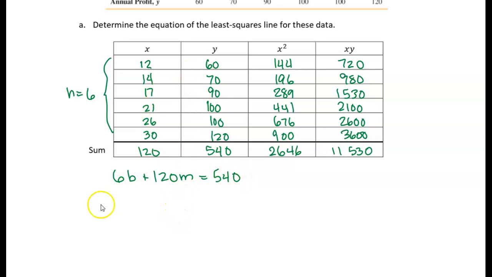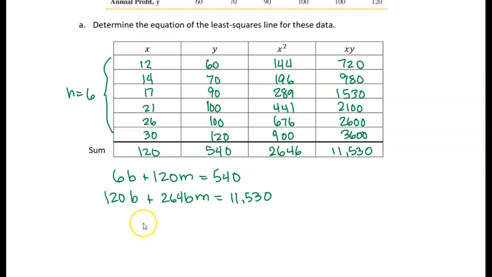All right, now we need the sum of all the x values, which is 120 times b, plus the sum of all the x squared values, which is 2646m, is equal to the sum of the xy values. So that's 11,530.